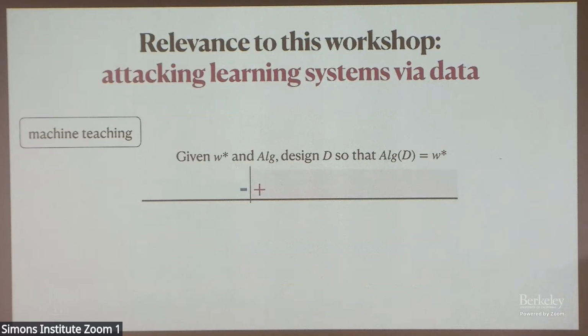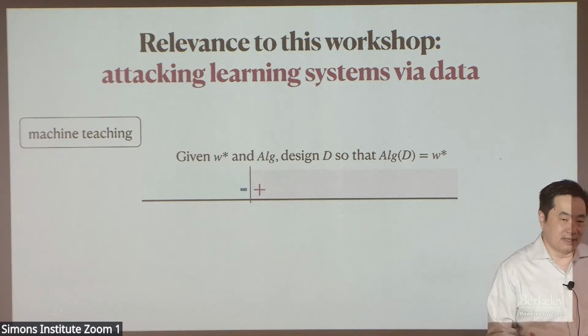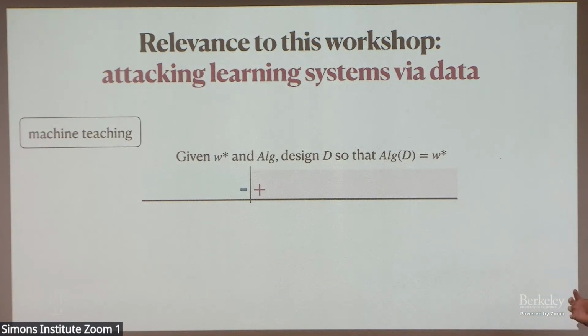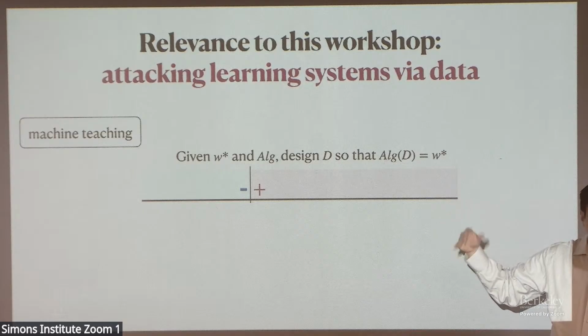But I want to immediately explain why this could be relevant, especially from an AI security perspective. We could think of this as the task of attacking a learning system through training data.